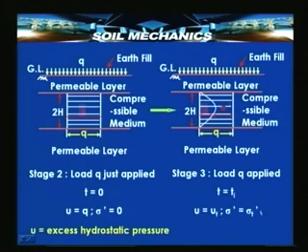They will experience the full stress due to the applied load once this excess hydrostatic pressure is completely dissipated. At this point of time, it is only dissipated to an extent equal to q minus u_i.